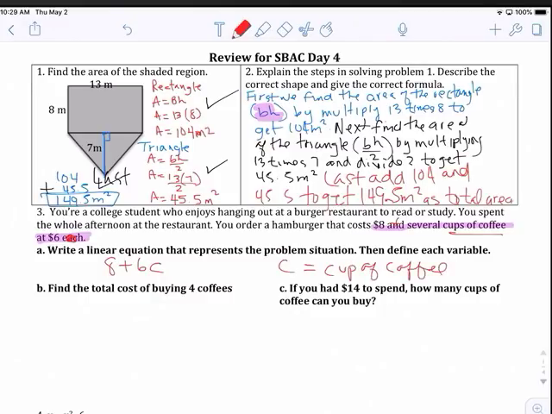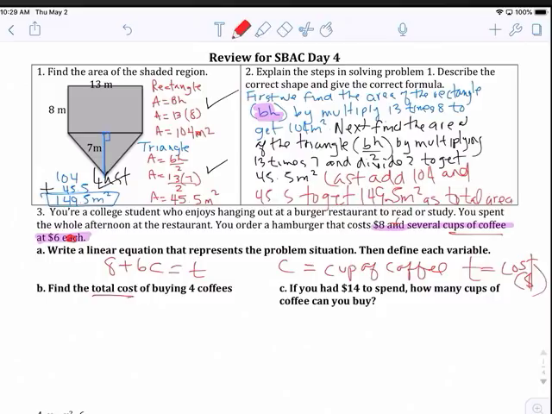And then that equals to, write a linear equation that represents the problem situation. So basically equals to cost, right? You're trying to find the total cost. T for total cost, in dollars, put the dollar sign there.